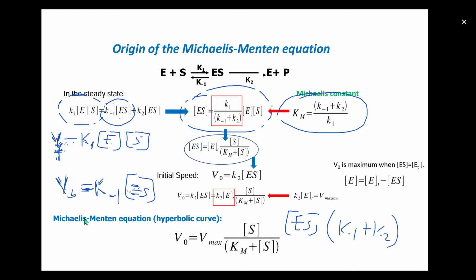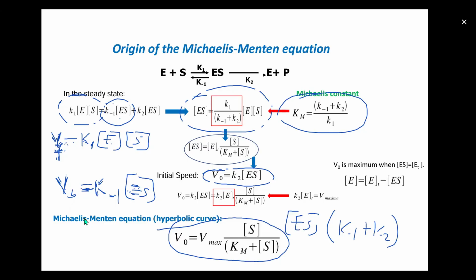From there, we have the initial rate to be this. And finally, after dividing everything, we have V naught equals Vmax times substrate concentration all over Km plus substrate concentration. And this is what you call the Michaelis Menten equation. So this is how the Michaelis Menten equation is derived.